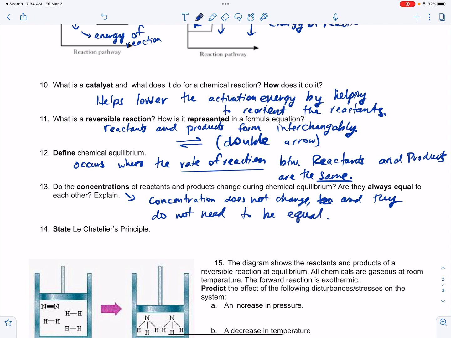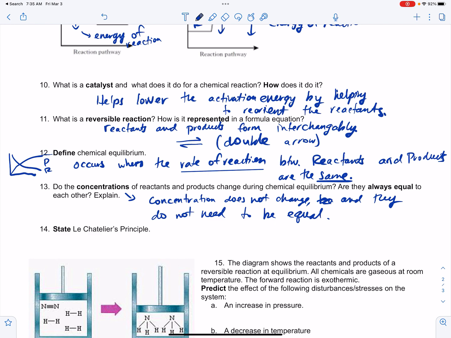So an example of this is, so here is a reactant. No, that's a product. And here's a reactant. So they need to eventually be stable. Okay? Yeah, the equilibrium. Okay? They do not need to be the same.